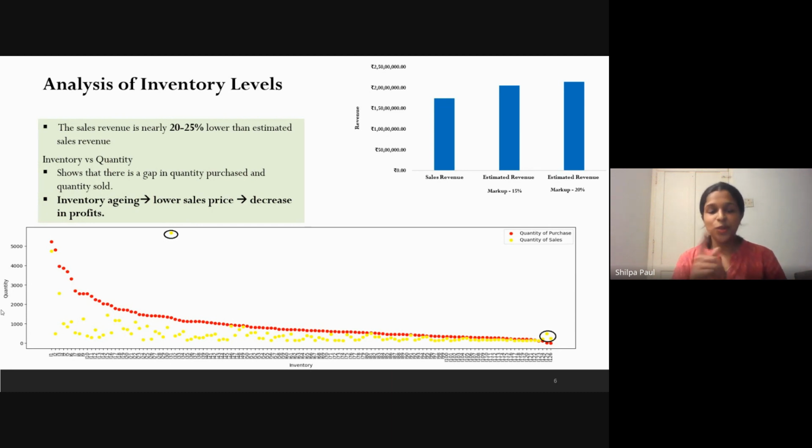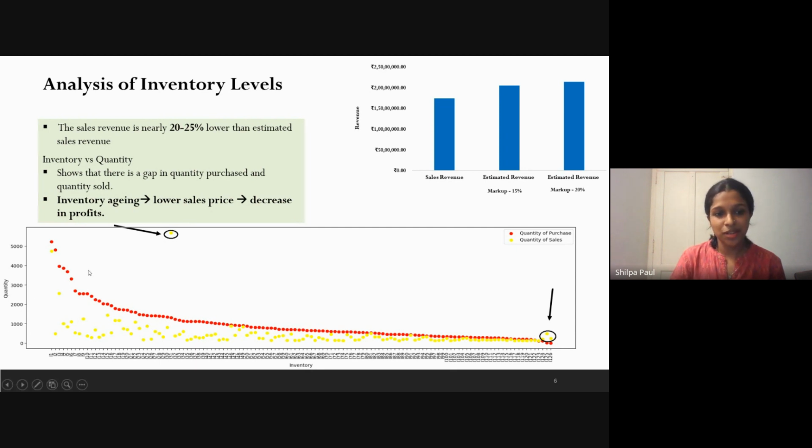Now, you would have noticed the circled data points or circled inventories there. I wouldn't say that this part of the analysis would help in increasing the profits, but rather it can help reduce the manual effort in counting the inventories that are left in the warehouse. If you can see here, the yellow is the sales.